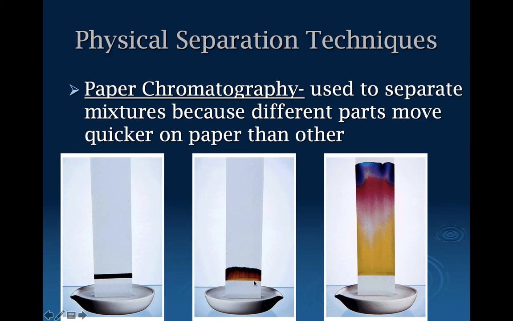And as the solvent runs up the paper, all of the colors that make up that black marker are separated. Did you know that a black marker is a mixture of yellow and red and purple and blue? Well, now you know that there's a lot of colors that make up that black marker.